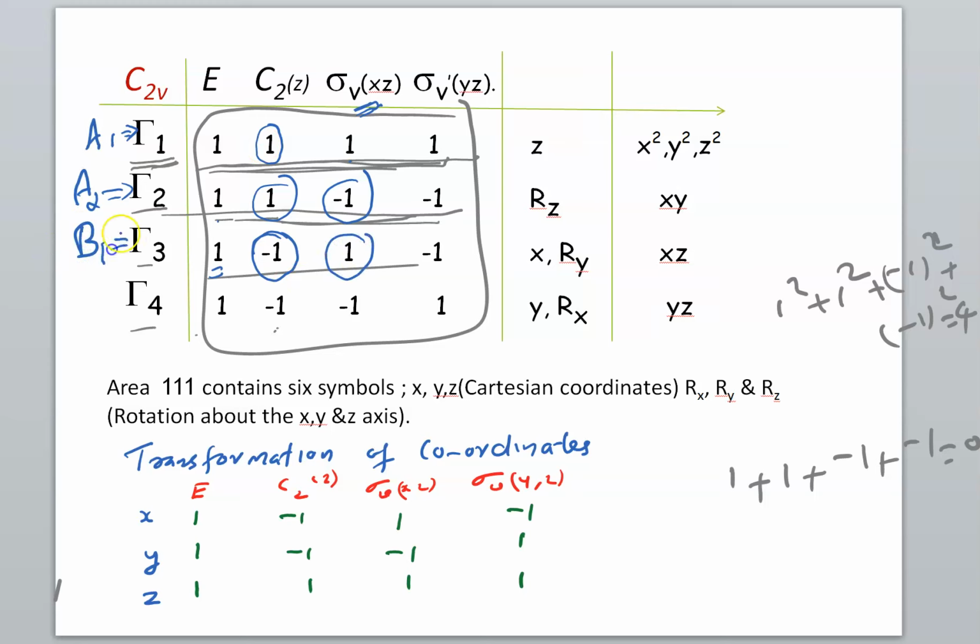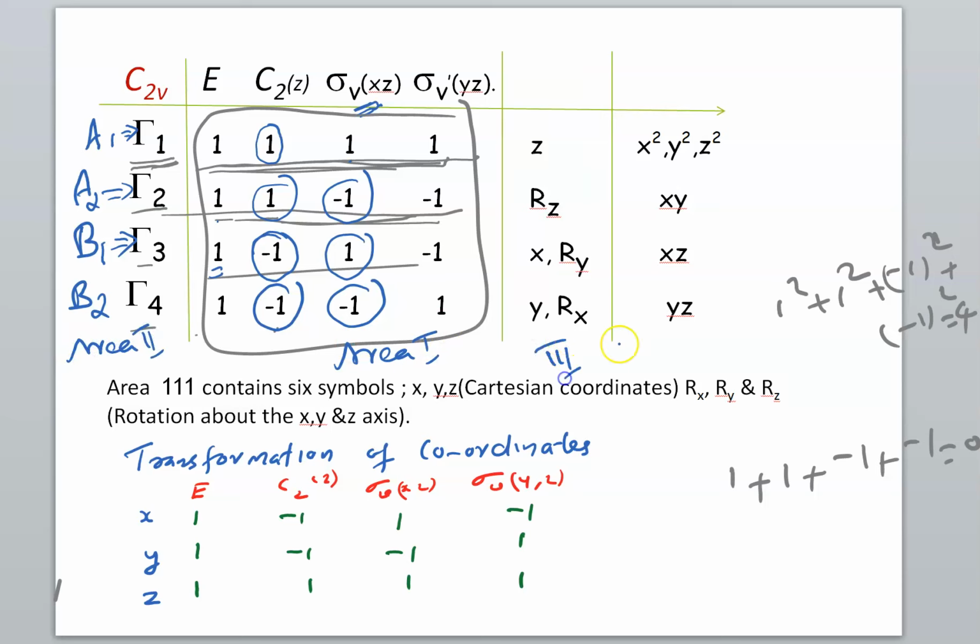That is, gamma 3 is B1. Okay, and this one is anti-symmetric to the principal axis, therefore B. It is also anti-symmetric to the vertical plane, therefore it is B2. Therefore gamma 1 is A1, gamma 2 is A2, gamma 3 is B1, gamma 4 is B2. And look at the areas. This is area 1, this is area 2 of the character table.